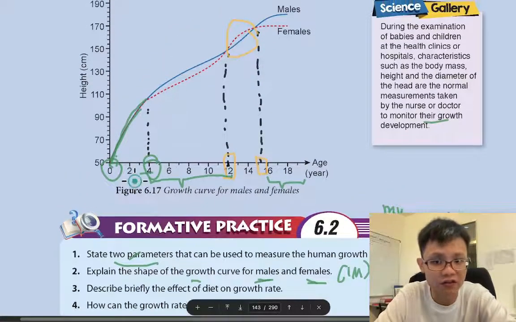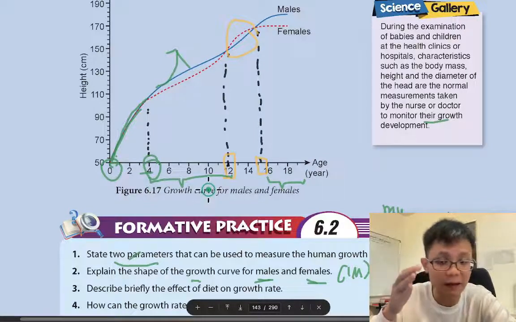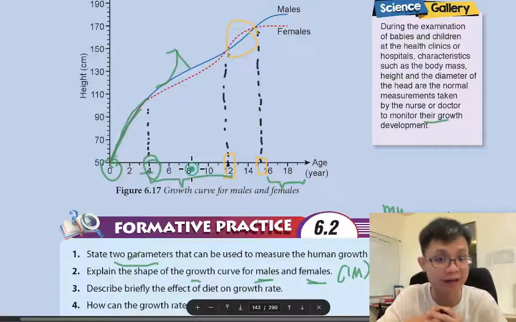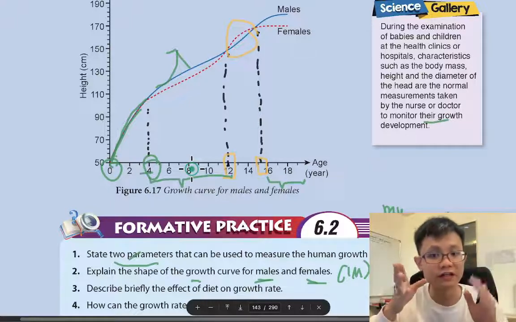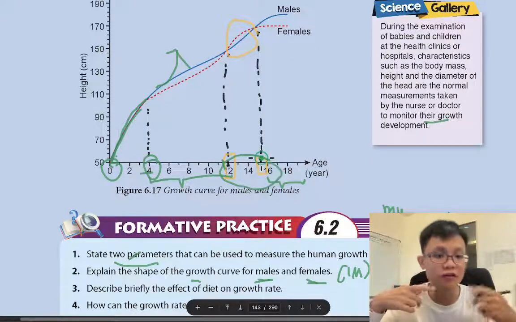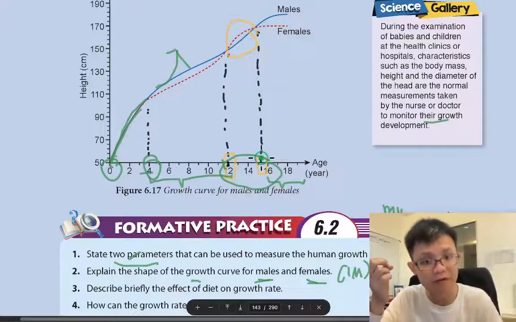However, for the age 4 to 12, the rate of growth for male is higher than female. However, for the stage 12 to 16, the growth of female will be higher than male.